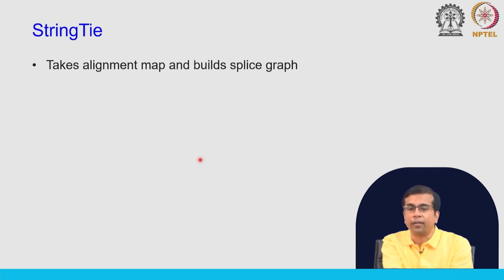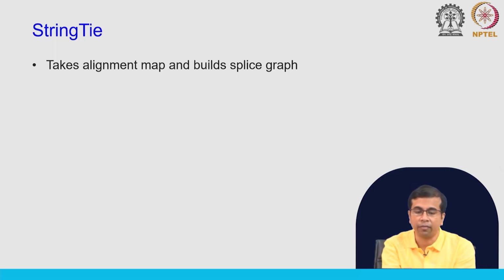So, StringTie takes this alignment map and builds something called a splice graph. Okay. So, what is this splice graph? The idea is actually very simple. It is a graph, which means you have nodes and edges. If you are familiar with graph theory, you will have edges and nodes.